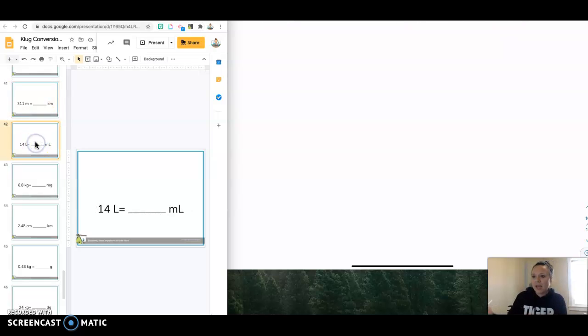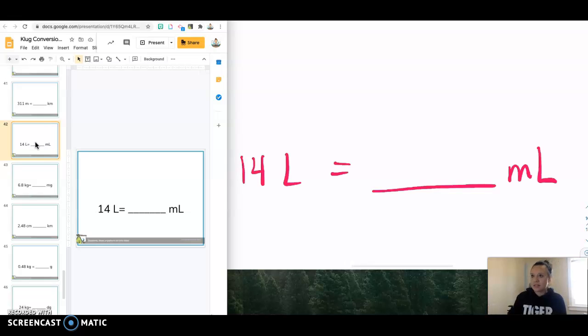The next one we have is 14 liters is equal to how many milliliters? Does anybody want to walk me through how they might complete this problem? Okay, now I see two people raising their hand. Liters is our base, and milli is at the end because it's milli.